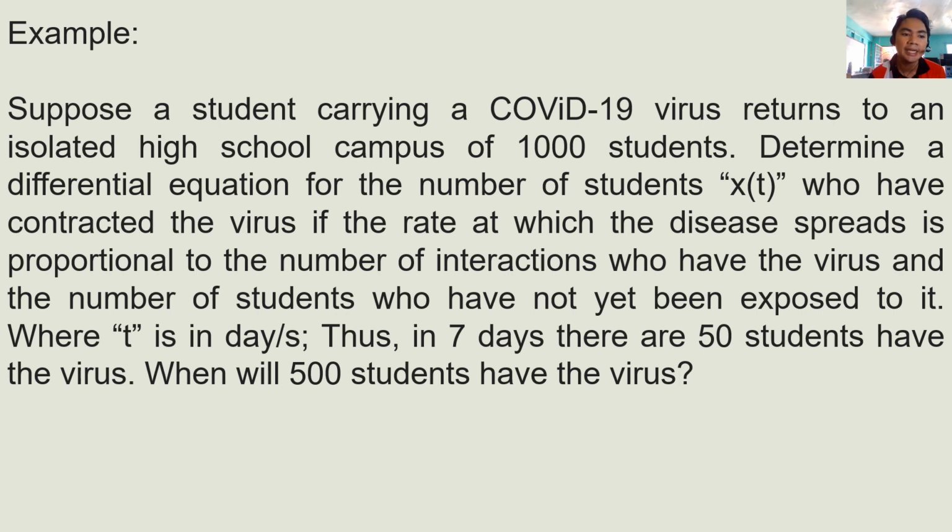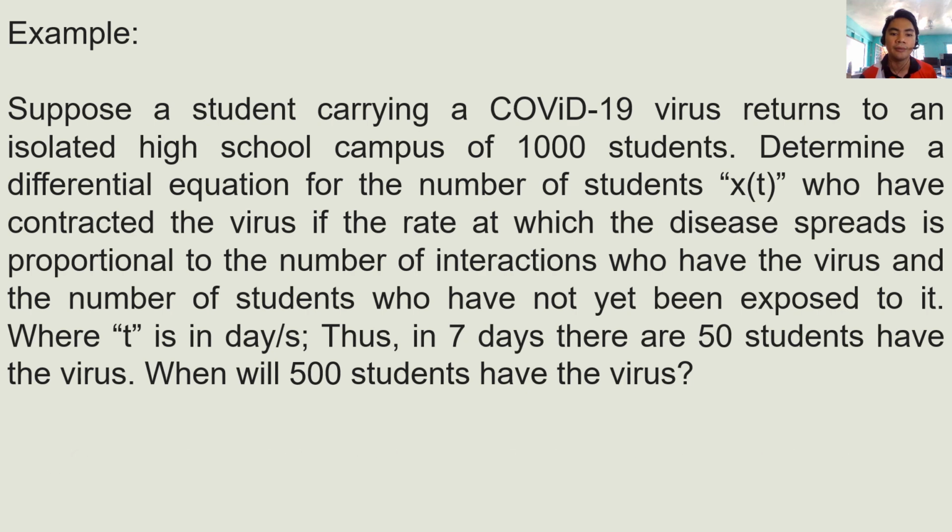Determine a differential equation for the number of students x of t who have contracted the virus if the rate at which the disease spreads is proportional to the number of interactions between students who have the virus and the number of students who have not yet been exposed to it, where our t is in days, that's the unit of our time. Thus, in 7 days, 50 students have the virus. Now here's the main question. When will 500 students have the virus, or half of the population?